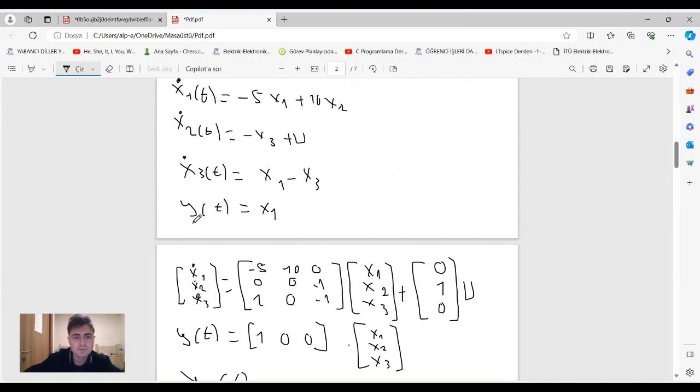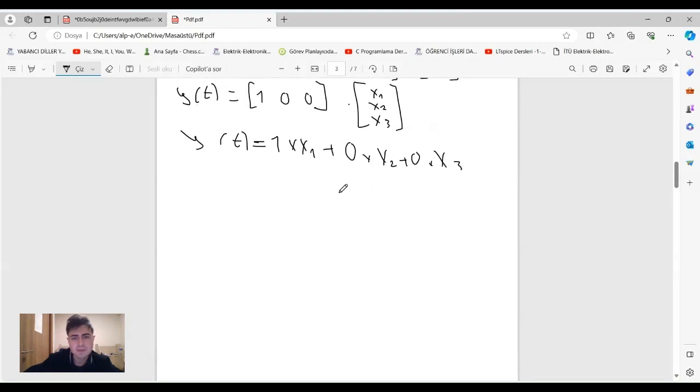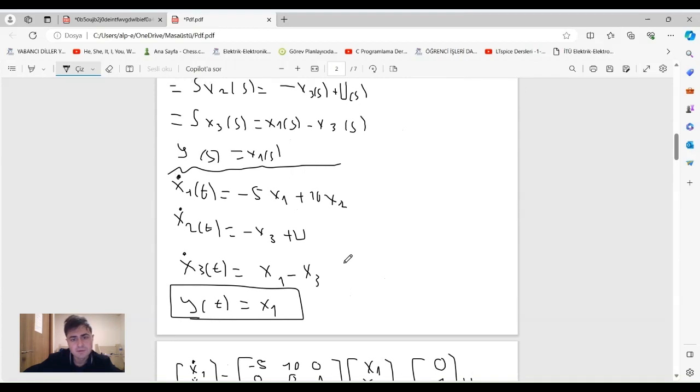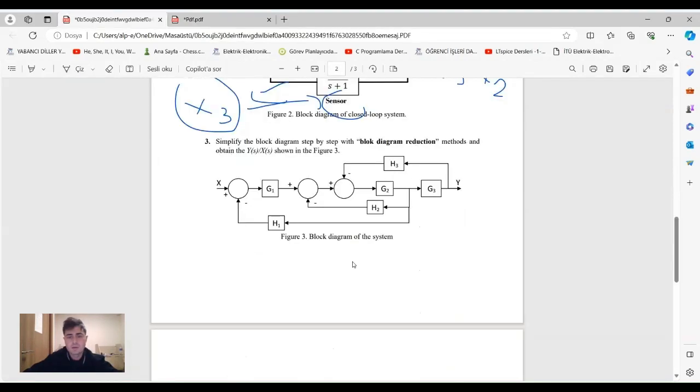I write this because of this equation: y(t) equals 1 times x1 plus 0 times x2 plus 0 times x3. This is the answer. Okay, we can continue to the third question.